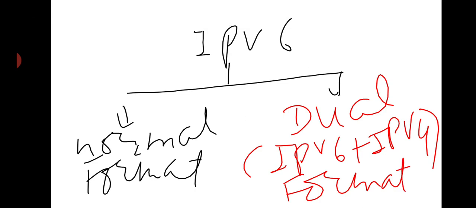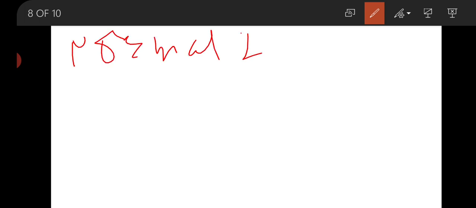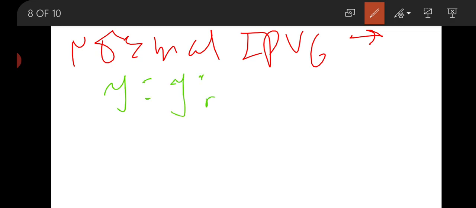Now let us see about this. The first one is normal IPv6 addressing. Here we separate the values using colons: y colon y colon y colon y and so on.